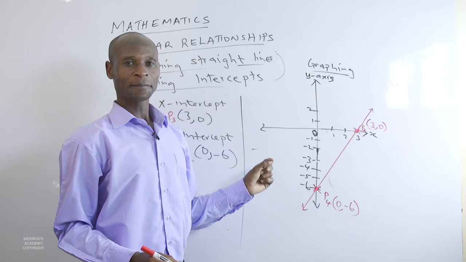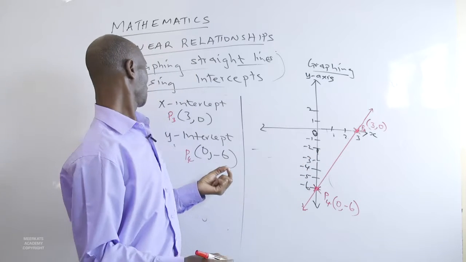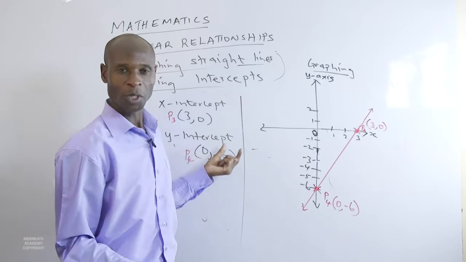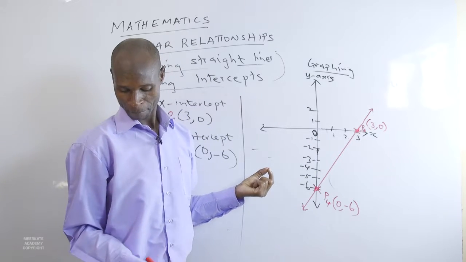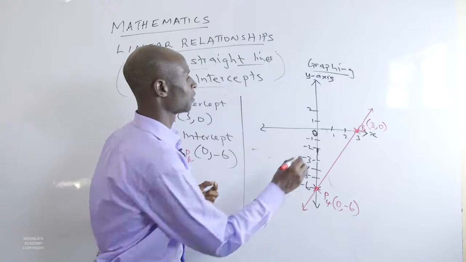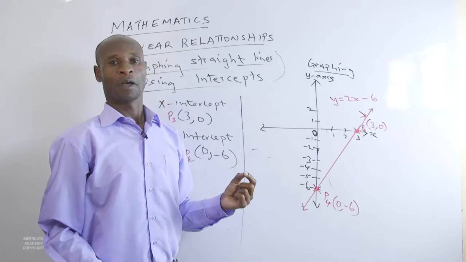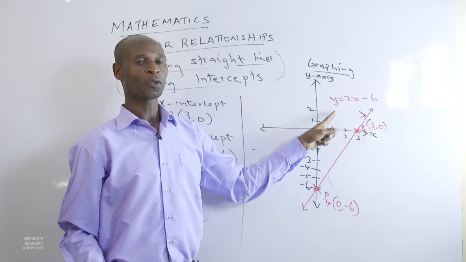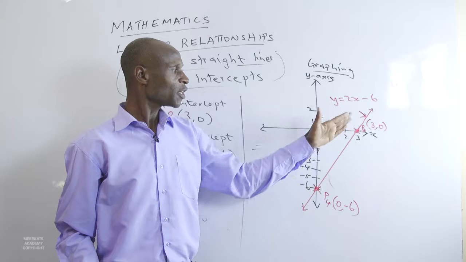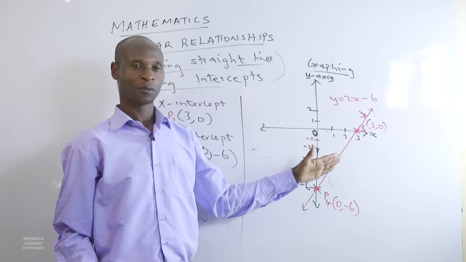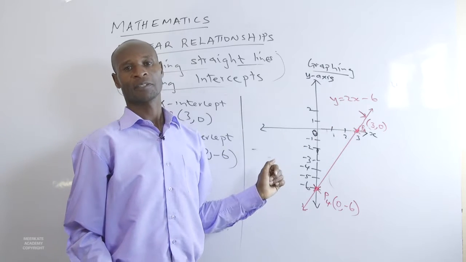We need to define our line by indicating the equation of the line. And in this case, we go back to the equation we are given, our linear relation, and incorporate it on our graph. Our equation was y is equal to 2x minus 6. So using the 2 illustrations, we have been able to graph a straight line using intercepts.